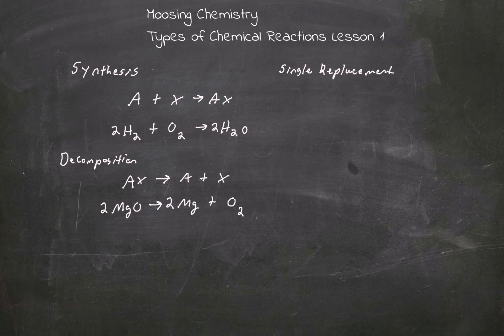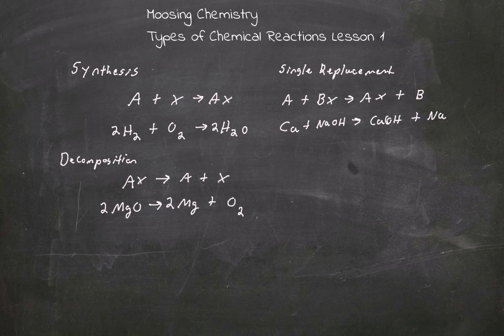The next type of reaction is called a single replacement reaction. Now, in a single replacement reaction, the fundamental equation would be A plus BX yields AX plus B. So in an equation of this sort, we would have, let's say, calcium plus sodium hydroxide yields calcium hydroxide plus sodium.